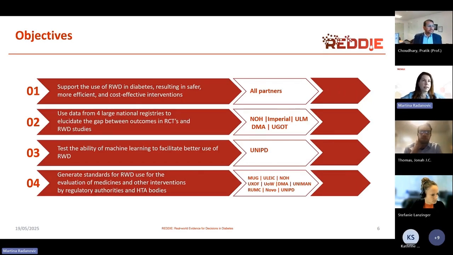We are also using data from 4 large national registries to elucidate the gap between outcomes in RCTs and RWD. And also, we have a team that is testing the ability of machine learning in this particular topic. And in the end, we will generate standards for RWD use, and some of this you will also hear today.